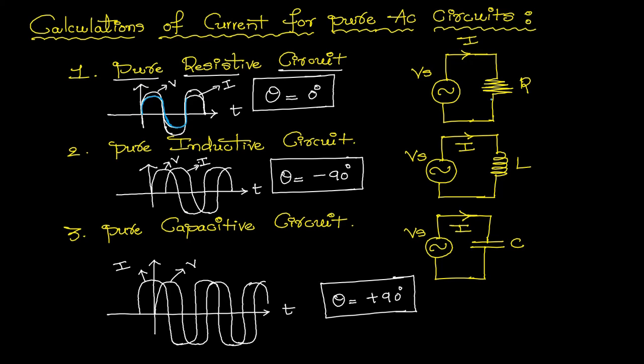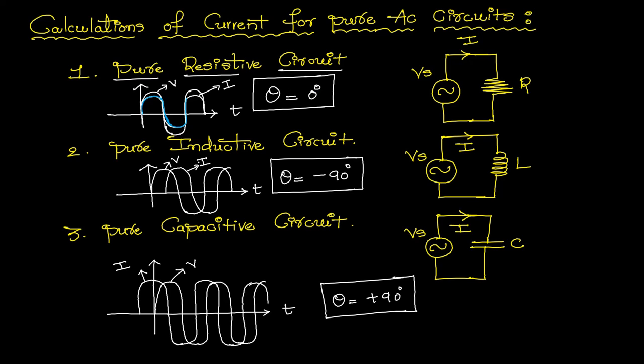So the current waveform and the voltage waveform occur at the same time. That is why we do not have any phase angle between voltage and current, and in a purely resistive circuit theta is equal to 0 degrees.